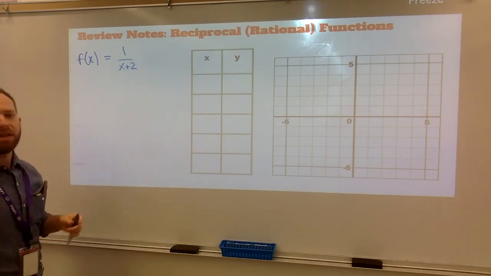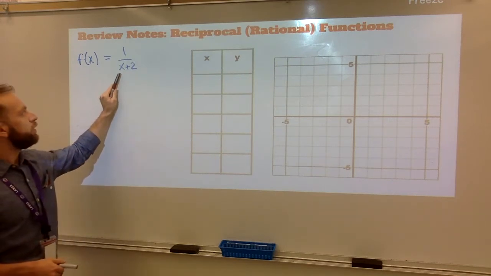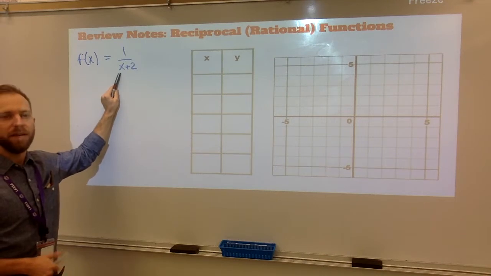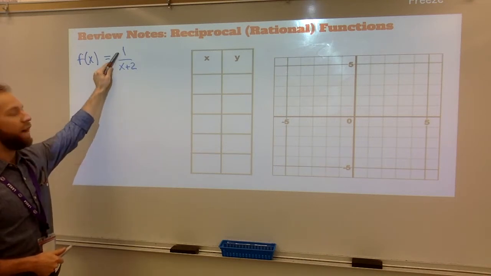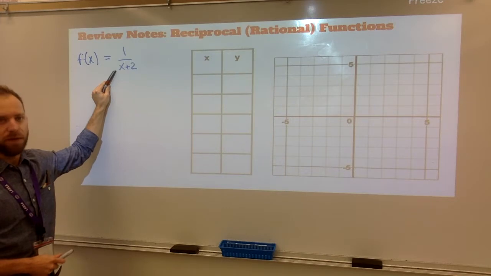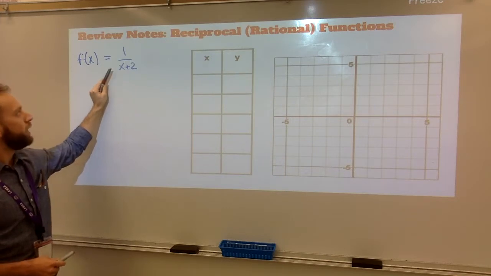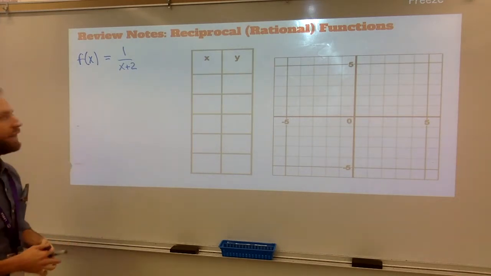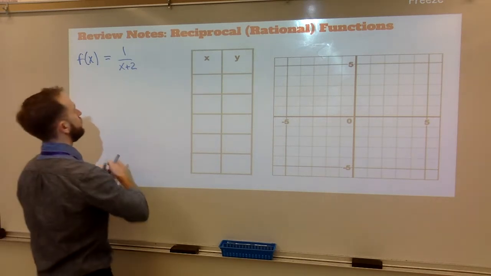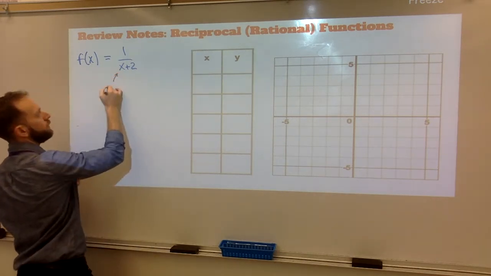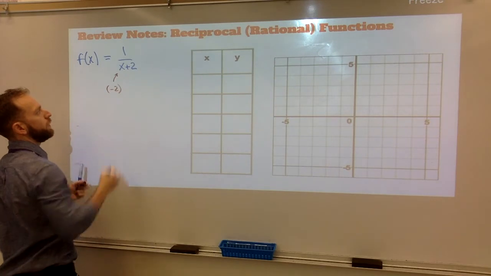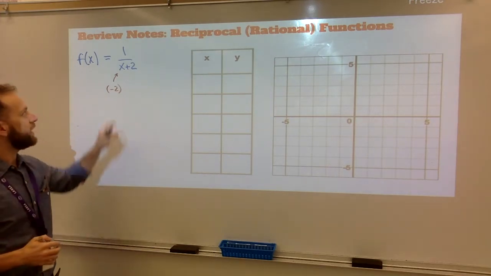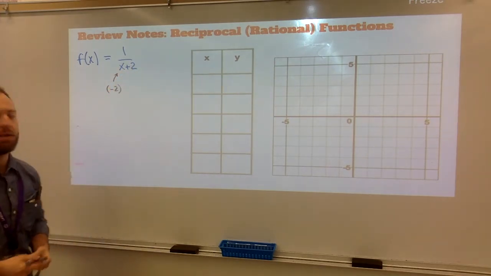The weird thing about this is that when you plug in something for x that makes the denominator equal to 0, you'll be dividing by 0, which is not possible in mathematics. So when we plug in an input of negative 2, that's going to make the denominator equal to 0.